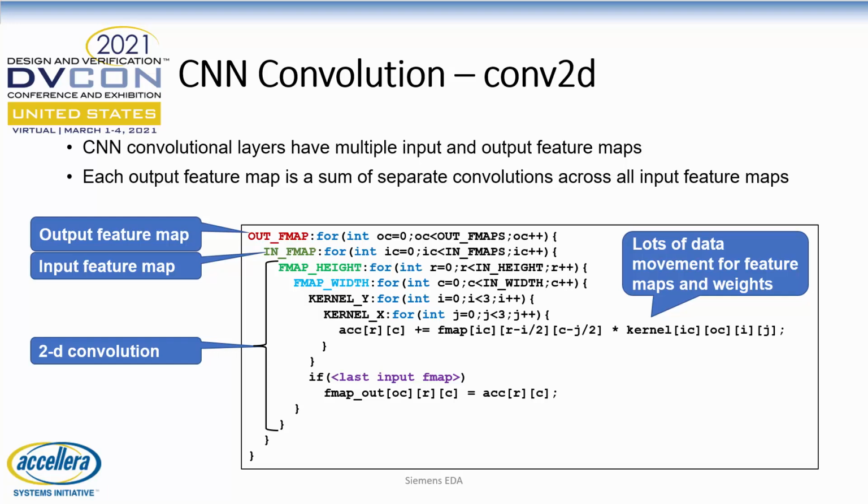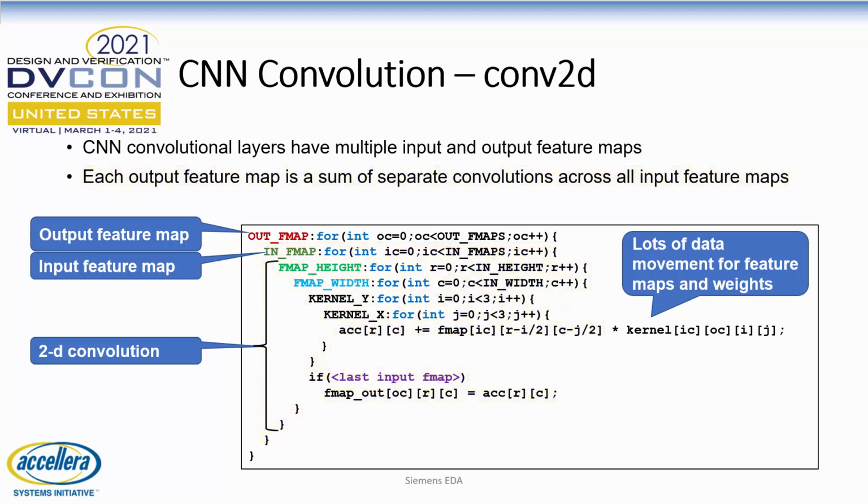The CNN convolution algorithm is called CONV2D. The CONV2D algorithm has multiple input and output feature maps, and each of the output feature maps is a sum of separate convolutions across all of the input feature maps.